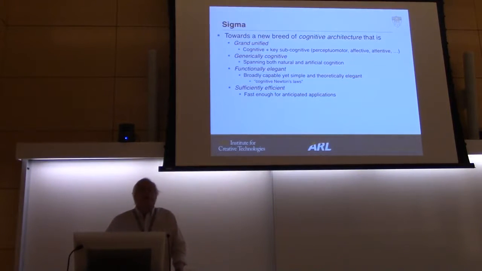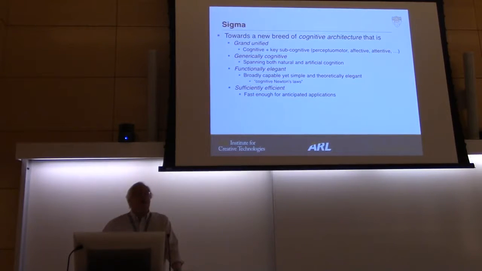The development of Sigma is driven by 4 general desiderata. There's grand unification, which says we want to go beyond just unifying the standard kind of cognitive capabilities to include the key subcognitive capabilities that are also involved in yielding intelligent behavior. Generic cognition says that we're looking to span both considerations and modeling across both natural and artificial cognition.